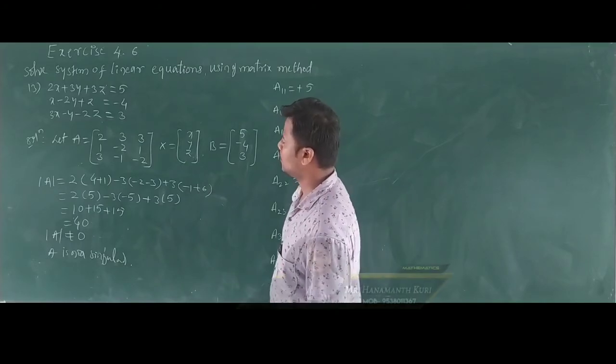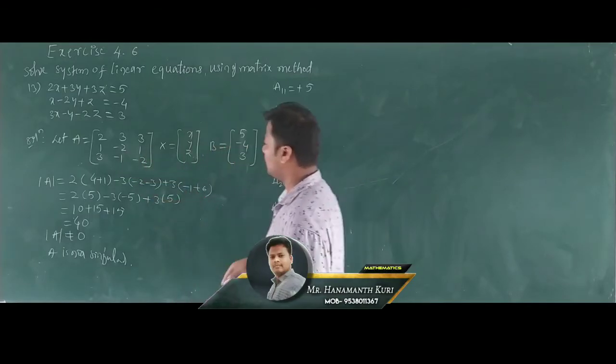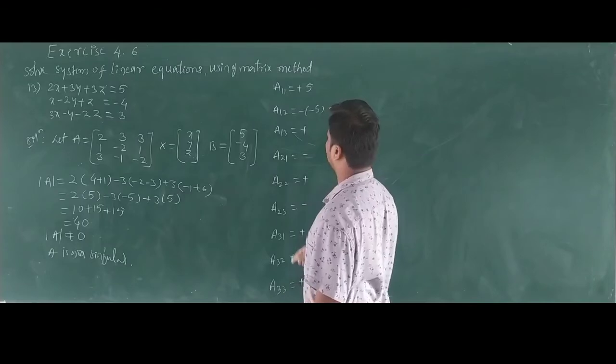A12 is minus 2 minus 3, minus 5, with the sign minus minus plus, so plus 5.